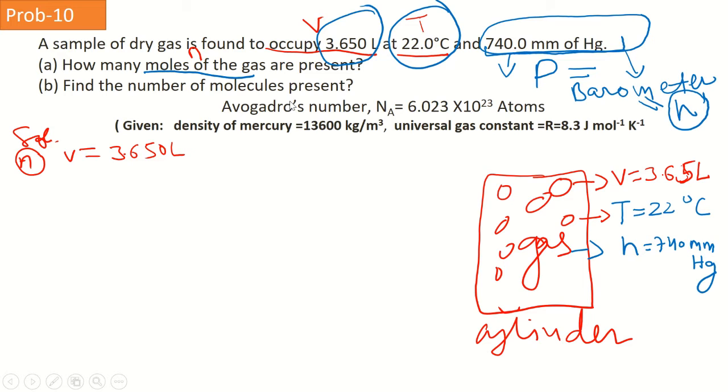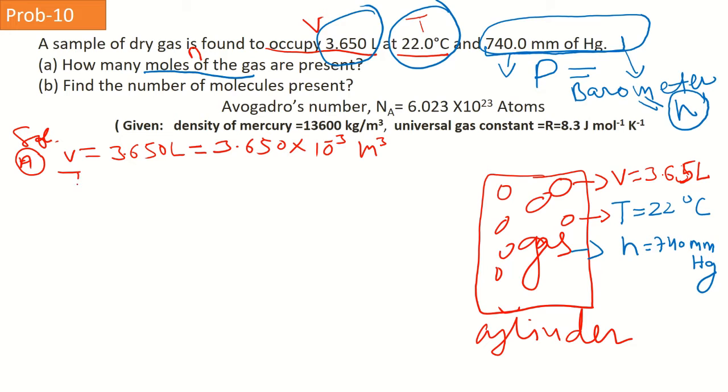This liter you cannot use, so you have to change this liter to meter cube, and by using the relation, this is 3.650 into 10 to the power minus 3 meter cube. So this way we can find the value of the volume.